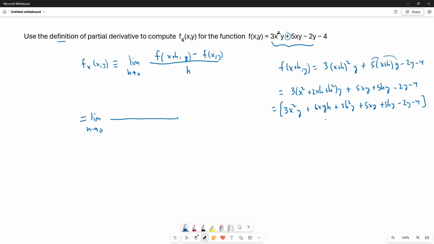And when we look at these terms here in f of x plus h comma y, there are 7 of them, and we should see these 4 terms exactly as they are among them. So let's just notice that. 3x squared y is here. 5xy is here.